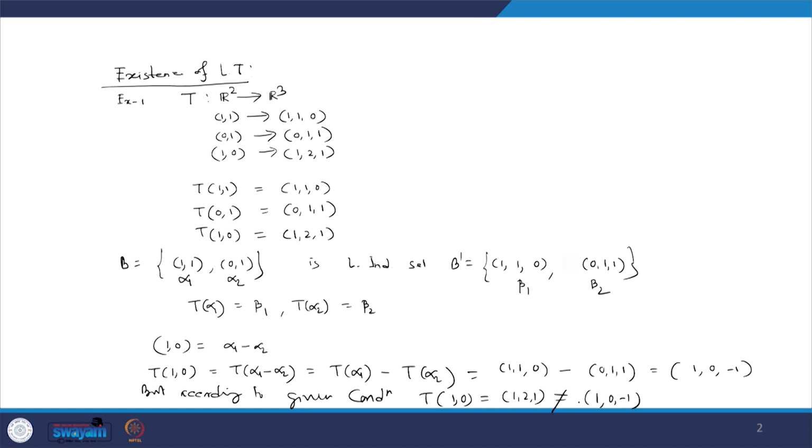So, such a linear transformation does not exist. We can see many more problems in the assignment sheet also.